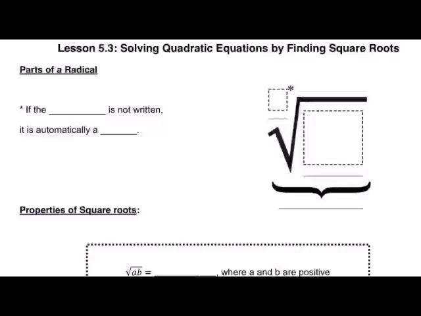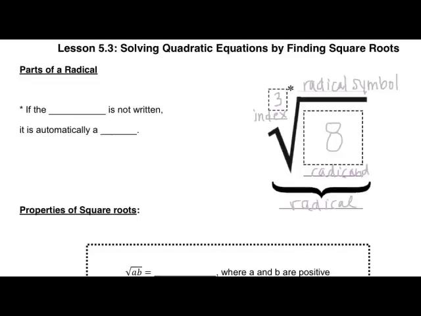So parts of a radical, the first thing is our radical symbol. A lot of you may think of this as a square root, and in most cases it will be the square root. The number on the outside of our square root we call the index. The number inside the square root is called the radicand. And the whole thing together is called our radical.